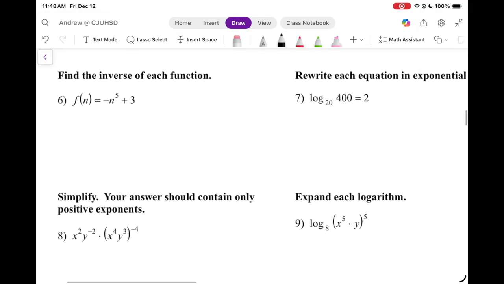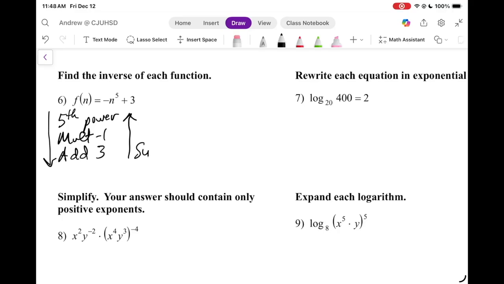Okay, the inverse again, so just look what's happening to n. You're doing an order of operations. First, you're going to take it to the 5th power. Then you're going to multiply by -1, that's the negative in front. And lastly, you're going to add 3. So we're just going to reverse those steps.